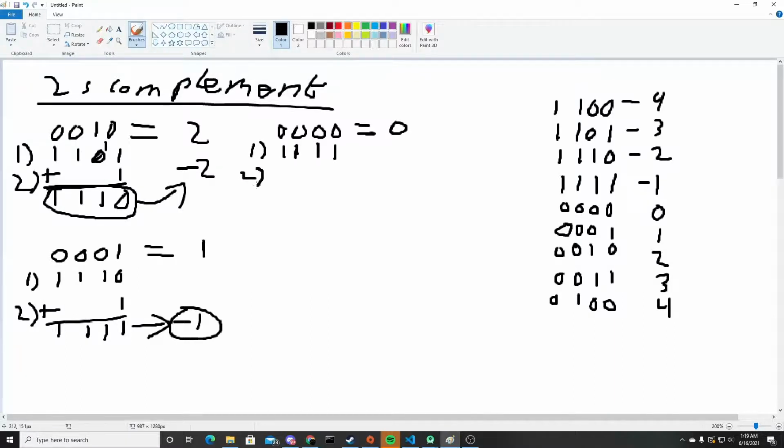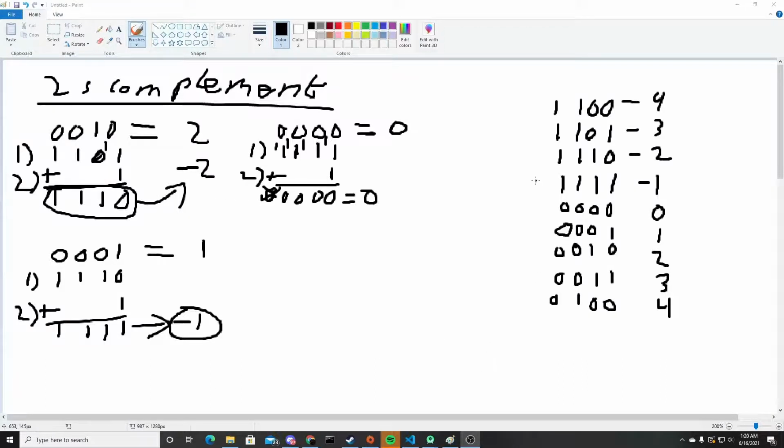In step 2, we would add 1 to this. We get 0, carry the 1, 0, carry the 1, 0, carry the 1, 0, and then carry the 1, and you get 1 over here. We would discard the carry bit, so we'd still end up with 0, 0, 0, 0, and so we still have 0 as our result.